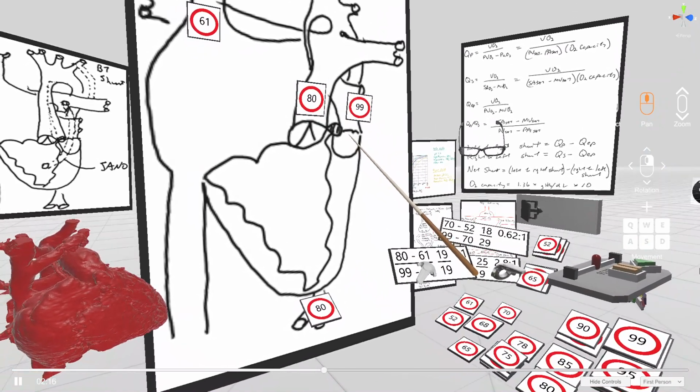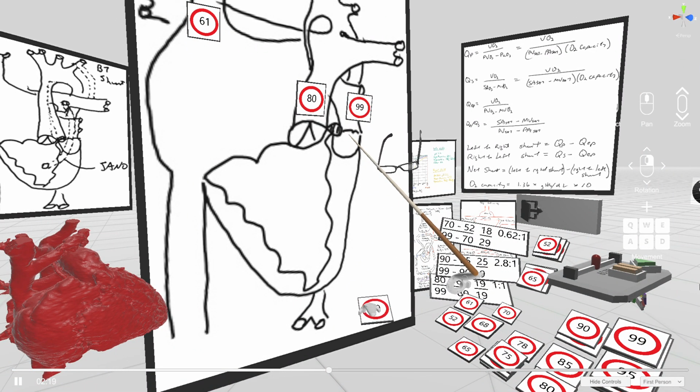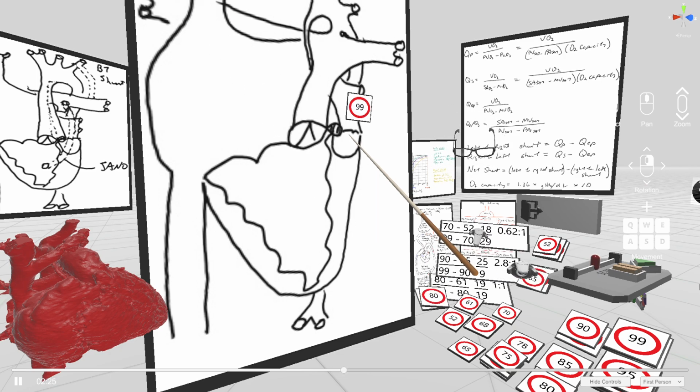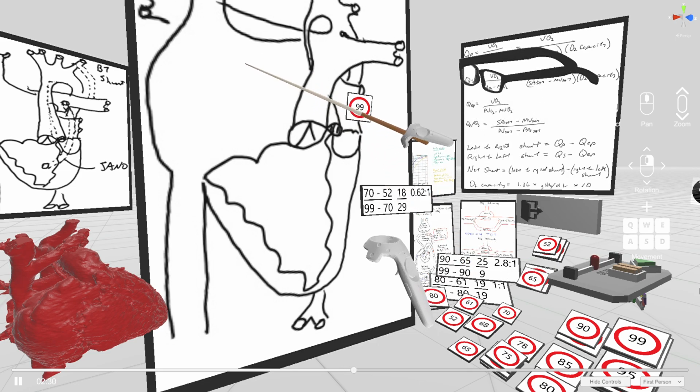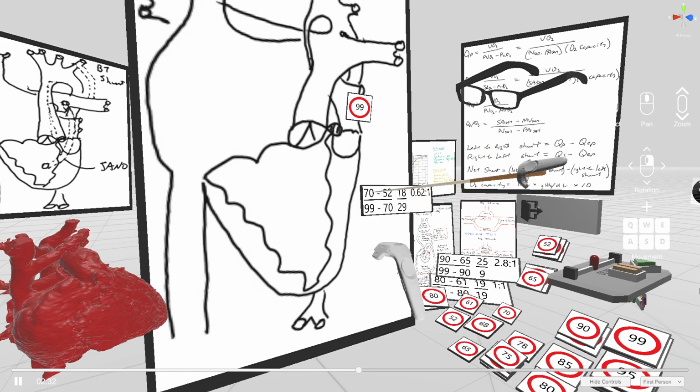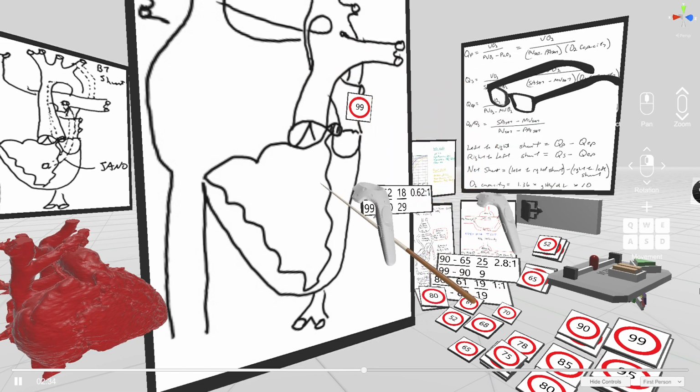So now we're going to change the scenario here, and what I'm going to do is put up the next scenario, which is this, and I want you to pause it. I'm going to put these values where they go, and I want you to do the same.